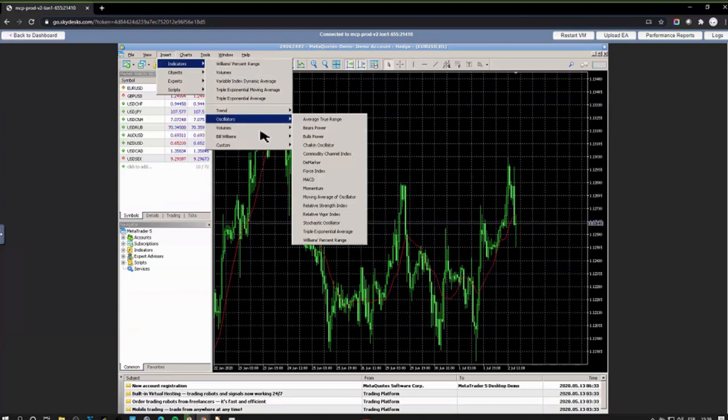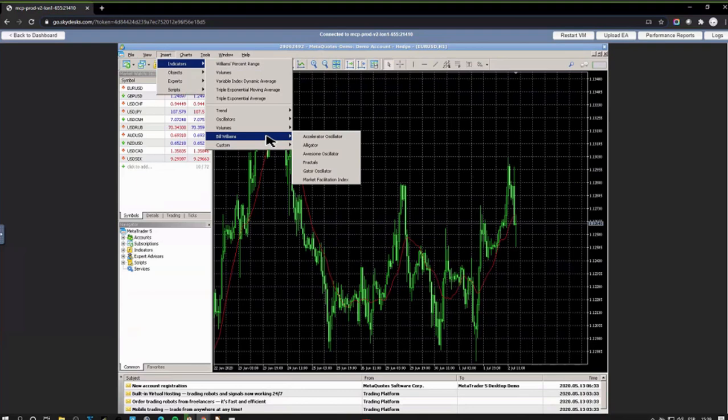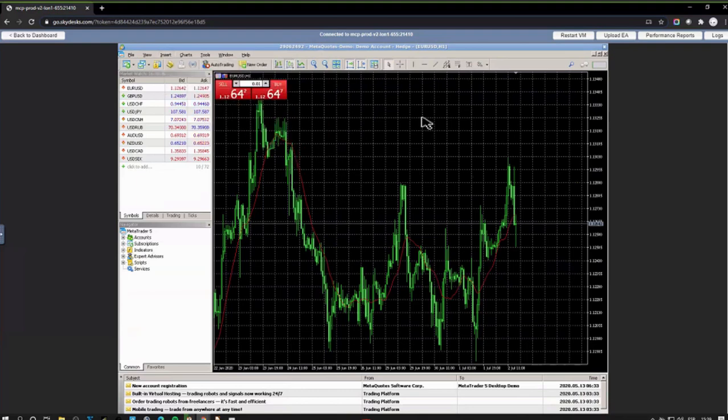But as you know, all these indicators are very lagging indicators, so the information you get from them is very useless. And when it comes to volume, all you get is the broker's volume. You won't get any information about the whole market volume, just the broker where you're trading with. That's all you will get here.